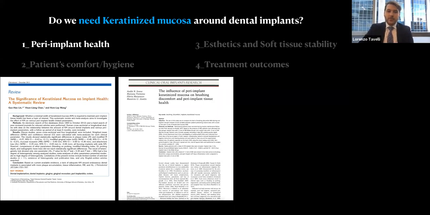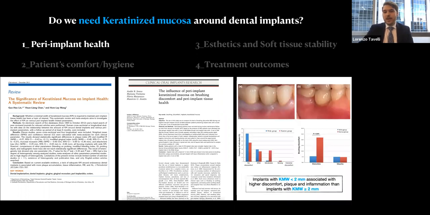Another article from Brazil, actually from my dear friend André, wanted to investigate not just peri-implant health, but also other parameters like patient-reported discomfort. They divided the implants into groups, having keratinized mucosa less than 2 mm versus at least 2 mm or more of keratinized mucosa.